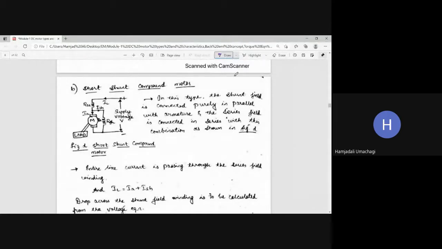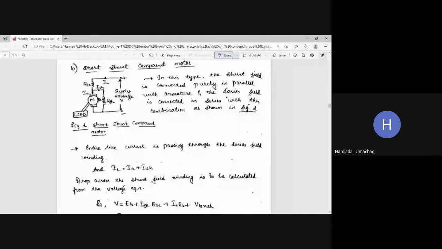In this type, the shunt field winding is connected purely in parallel with the armature, only with the armature, and the series field winding is connected in series with this parallel combination. Entire line current is passing through the series field winding.